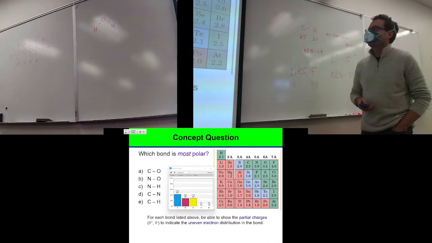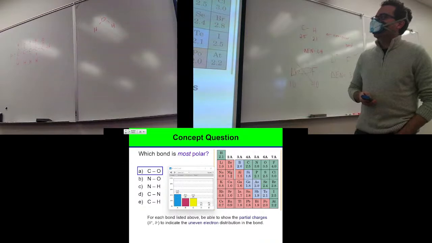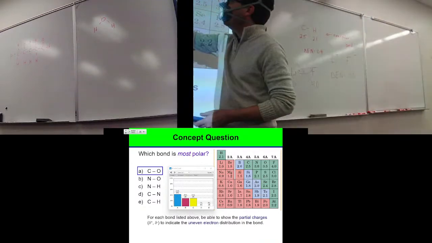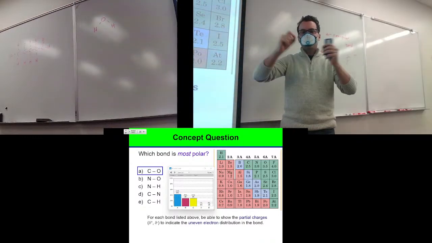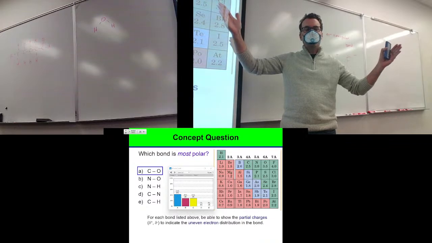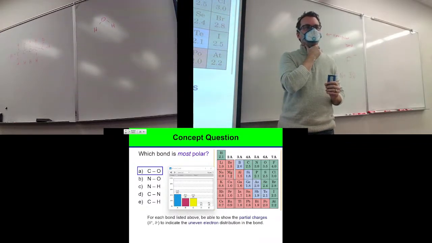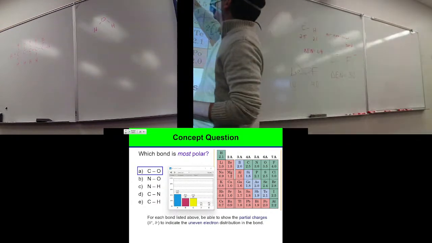Yeah, it's pretty bad. CO is going to be your most polar. You can calculate all of them, but remember that if there's a large distance between them on the table, they're going to have a large difference in electronegativity. Why isn't it C, because the difference between N and H is bigger?